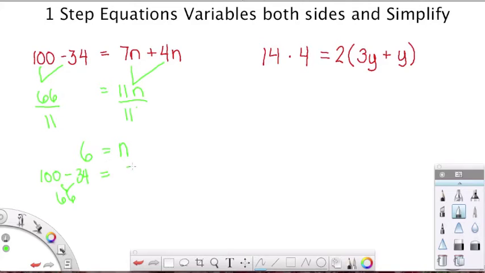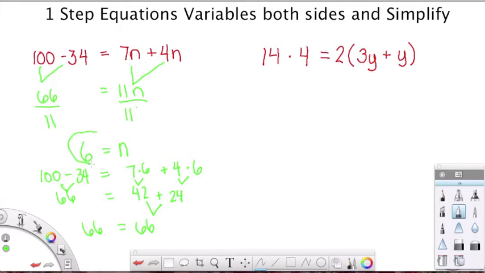And if we took 7 times n, which is 6, plus 4 times n, which is 6, well, 7 times 6, what's that? I believe it's 42. And 4 times 6 is 24. And sure enough, if we add these two together, we're going to get 66. So 66 is equal to 66.